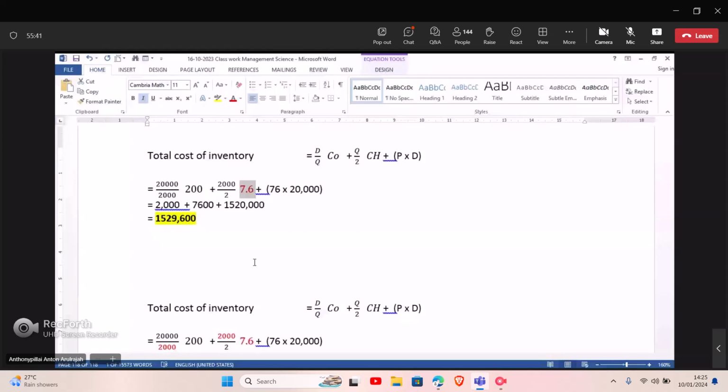Then the price is 76 multiplied by 20,000, the discounted purchase cost. If you add all three, you will get 15,296.